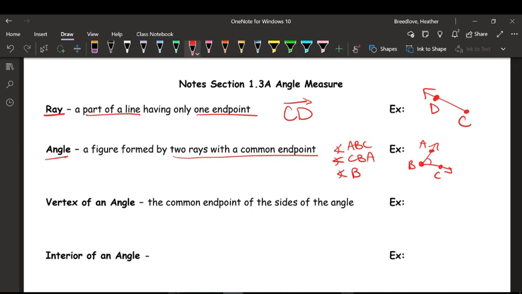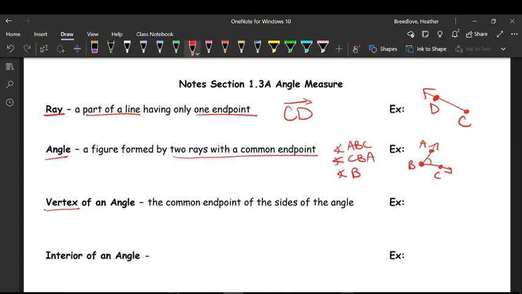That common endpoint has a special name, which is the next vocabulary. It's the vertex of the angle. In this case, that's vertex B. It's where the two rays meet, the common endpoint. So when I named it, I put the vertex B in the middle, or I can use just the vertex to name it.